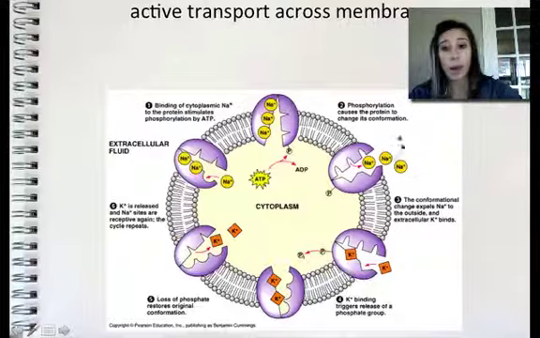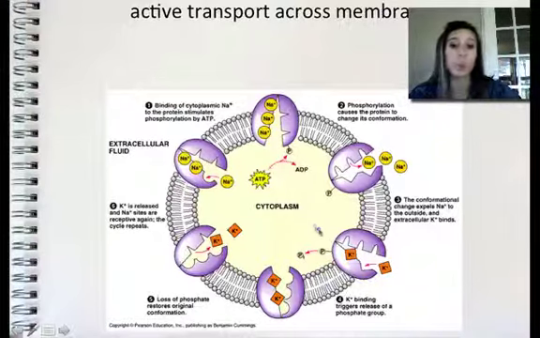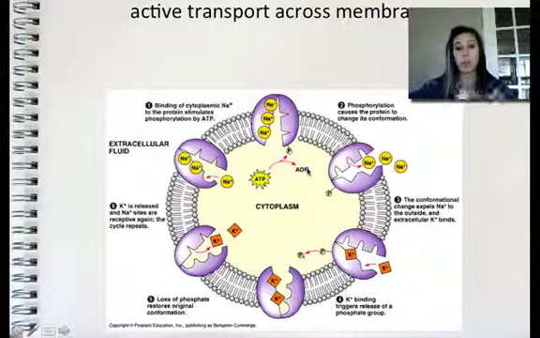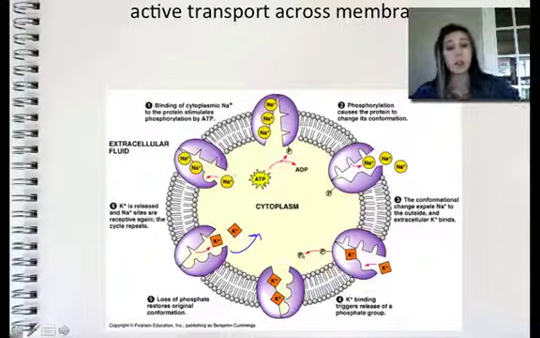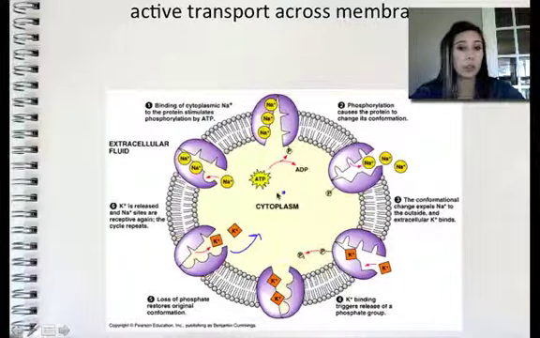Now after that, we're going to see potassiums come inside of our protein carrier, and as soon as phosphate leaves this carrier protein, that causes another conformation change of the carrier protein, and then these potassium can now be released.